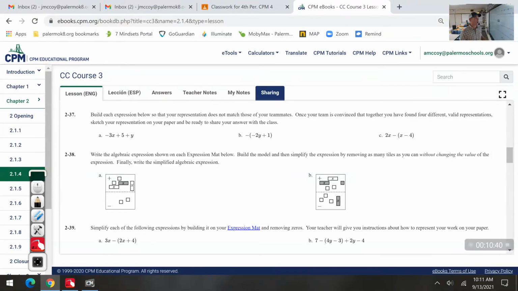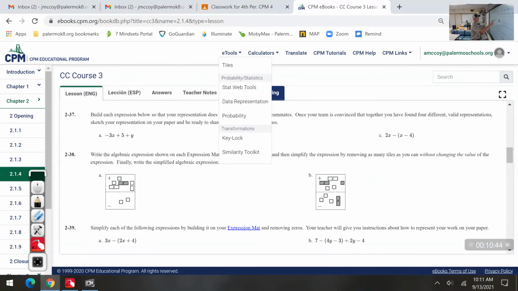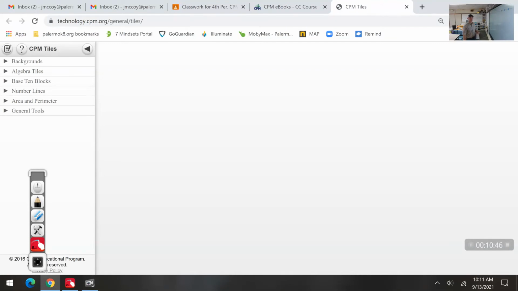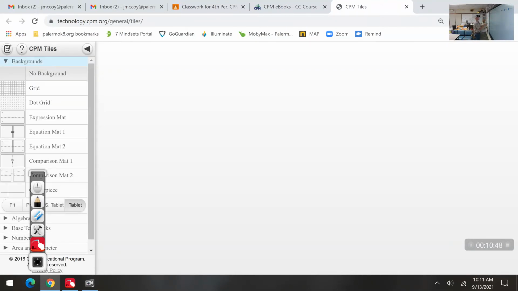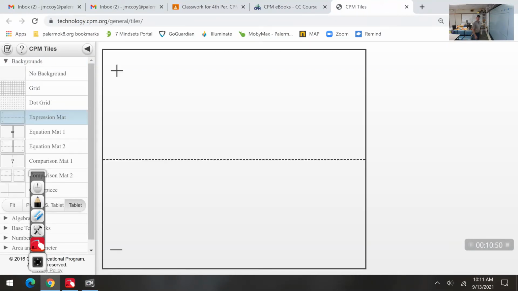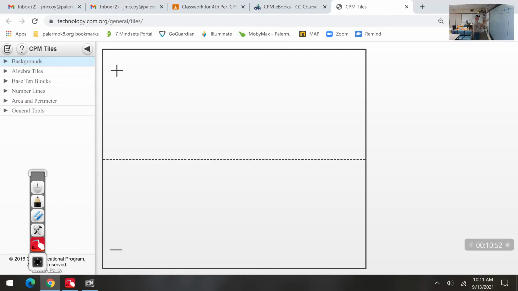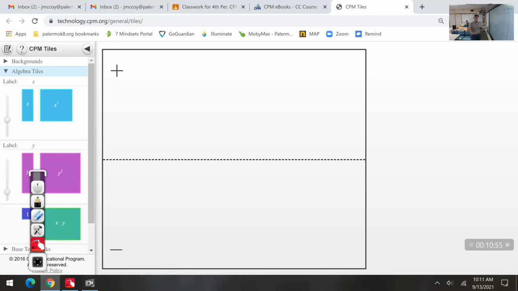You don't have any teammates at home, so what I want you to do is open up eTools, Tiles. You're going to go to a background. You're going to get the expression map. Then you're going to open up Algebra Tiles. And all I want you to do is build what you see.